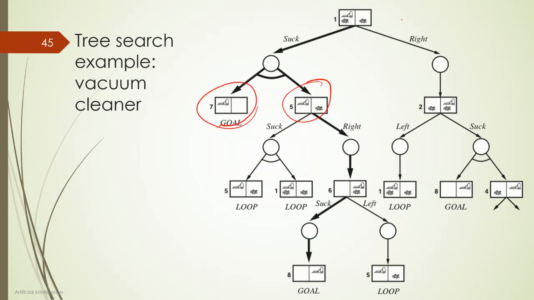This is the goal. You don't have that goal. And if you go right, it moves to the right again. If you go to left, you come here, which is a loop, useless. If you say clean, it will clean that. If you move to left and do the same thing, it will be the goal.